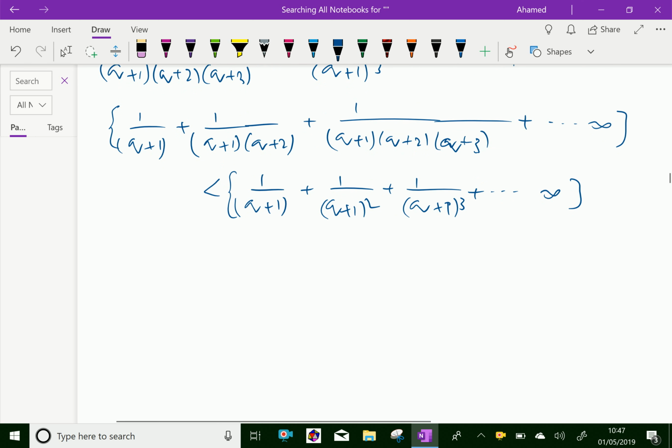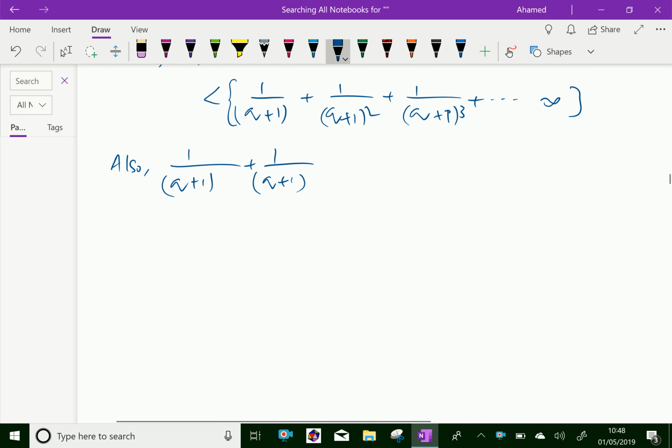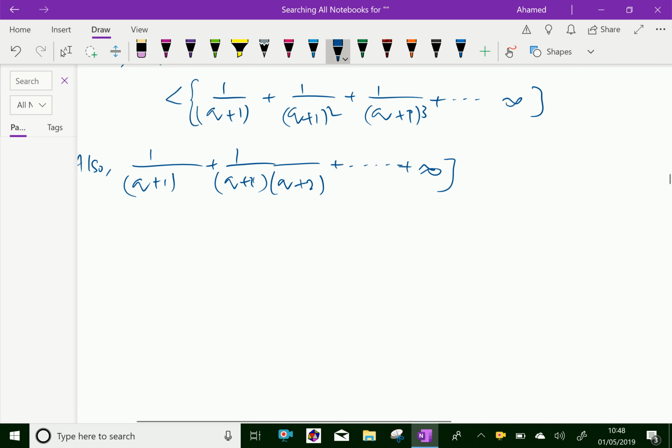Now here you can see it is equal to the sum of infinity terms of 1 over (q plus 1) plus 1 over (q plus 1) square plus 1 over (q plus 1) cube, which gives the result 1 over q.